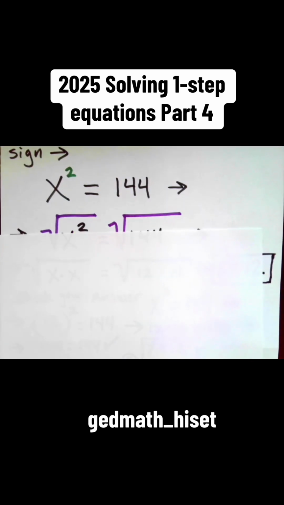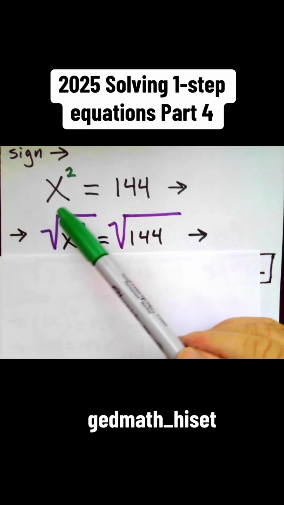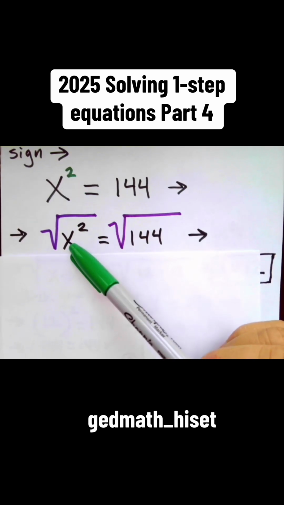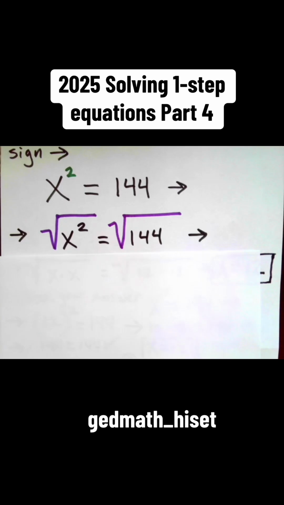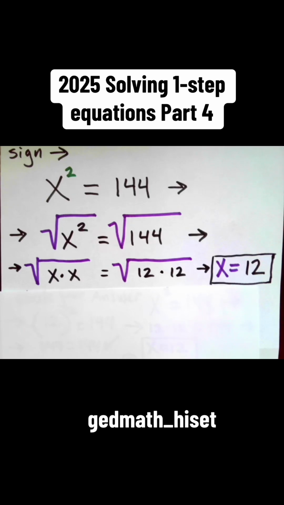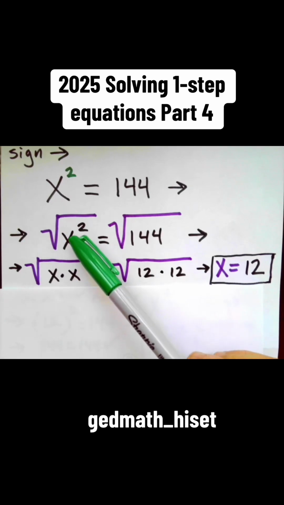So let's go ahead and take a look at what that looks like. I'm going to take a square root of both sides, of each term on each side. That's the opposite or inverse of an exponential power.